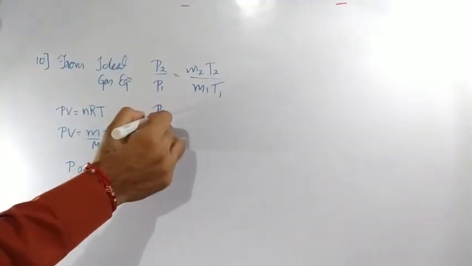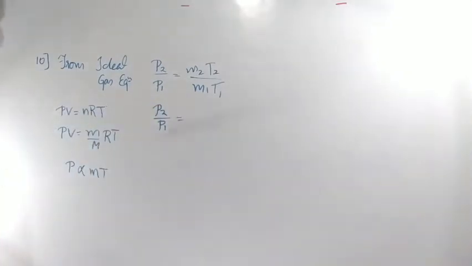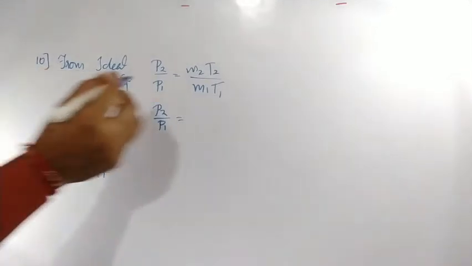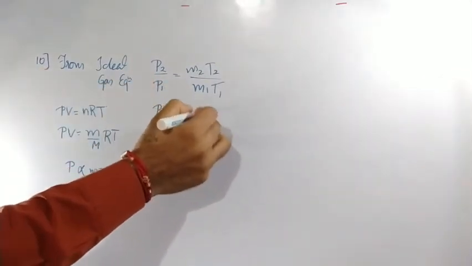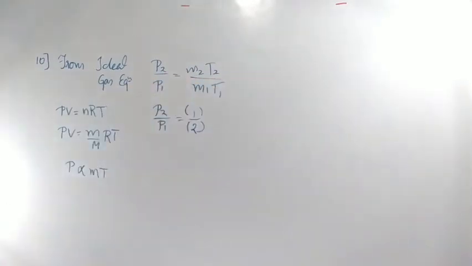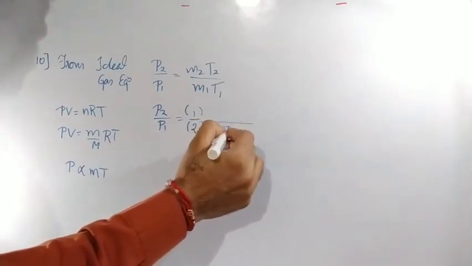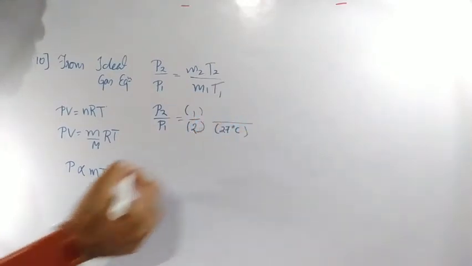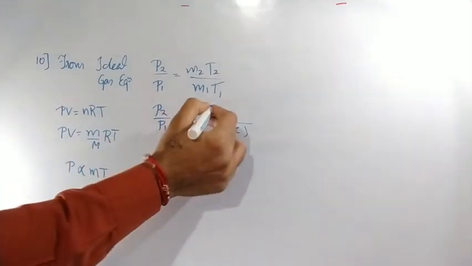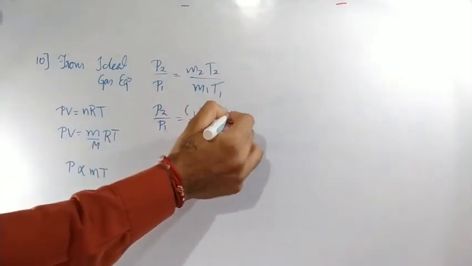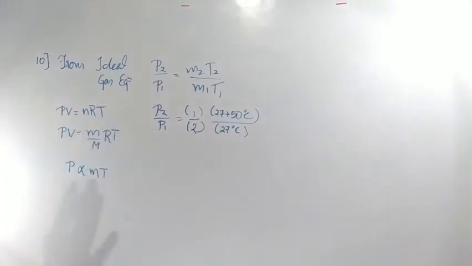First P2 by P1 is equal to M2 by M1, that is nothing but 1 divided by 2, times T2 by T1. T2 value, listen, temperature is raised by 50 degrees Celsius. Initial temperature was 27 degrees Celsius. So T1 is 27 degrees Celsius, and T2 is nothing but 27 initial plus raised by 50 degrees Celsius.